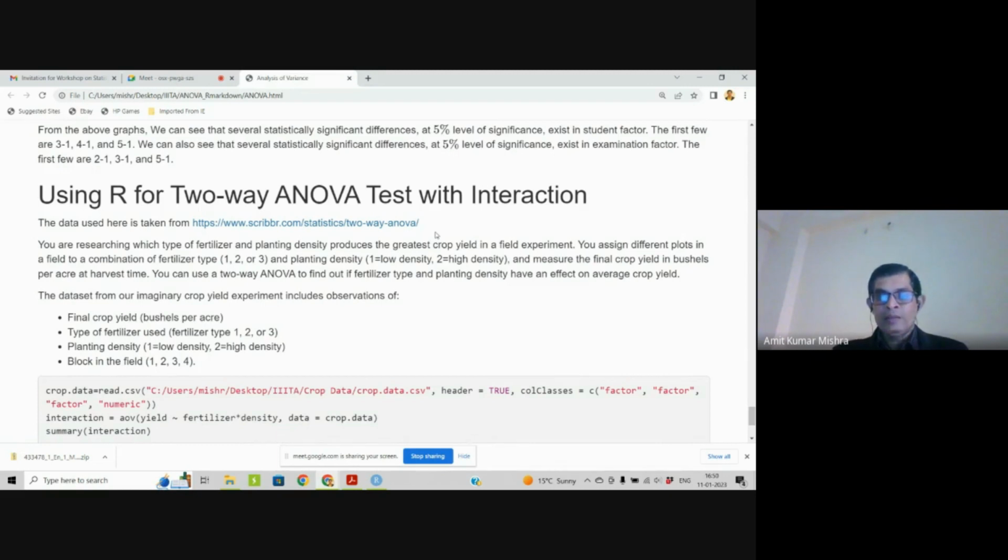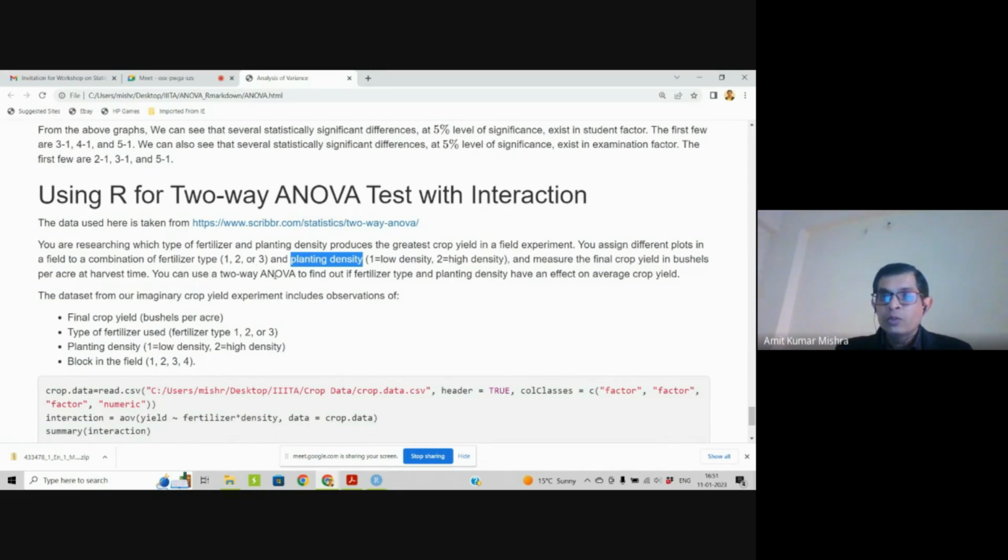What this data set contains: you are researching which type of fertilizer and planting density produces the greatest crop yield in a field experiment. You assign different plots in a field different combinations of fertilizer. There are 3 types of fertilizer, and the planting density has 2 levels, 1 is low, 2 is high. And then you measure the final crop yield in bushels per acre at harvest time.